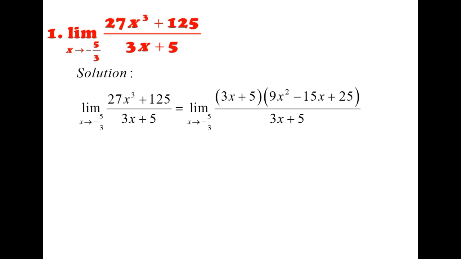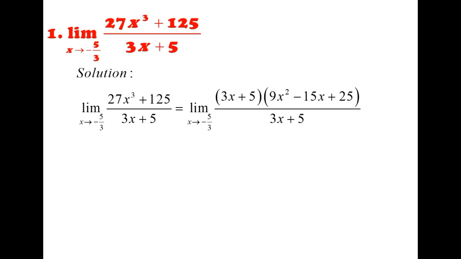Then take the opposite of it, so the opposite of 15x is negative 15x. And then the last term is the square of the second term of the first factor, which is 5. The square of 5 is 25.